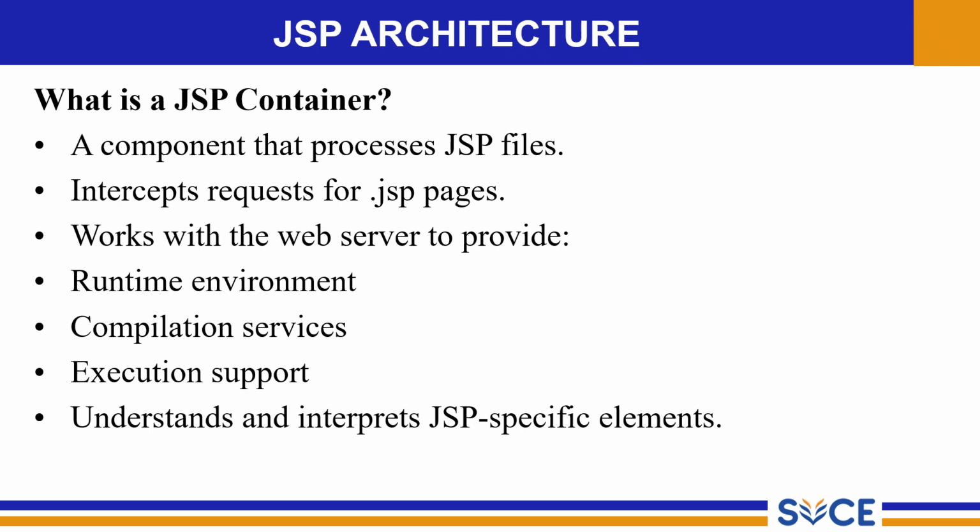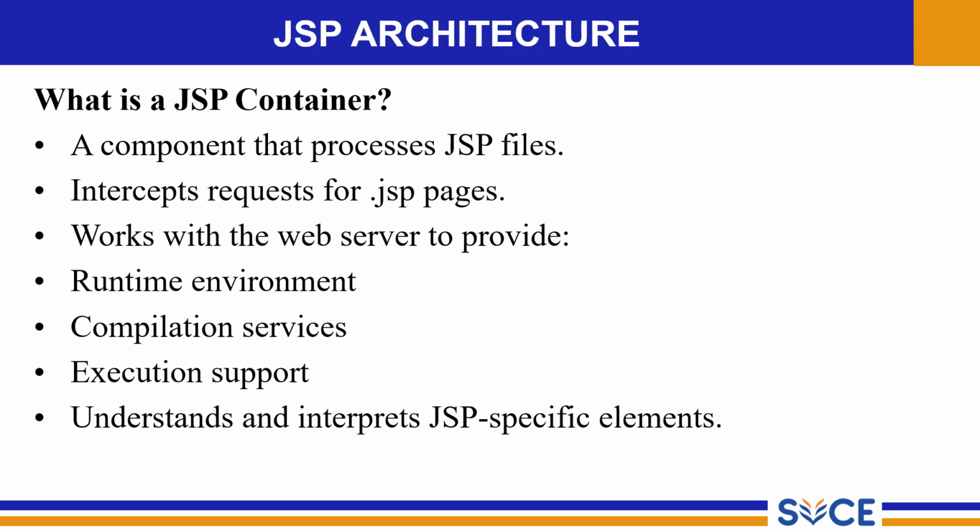One of the container's main responsibilities is compilation support. When a JSP file is requested for the first time, the container translates the JSP code into a corresponding Java servlet. During this process, the HTML portions of the JSP become output statements and the JSP-specific tags or Java code are converted into executable Java logic.